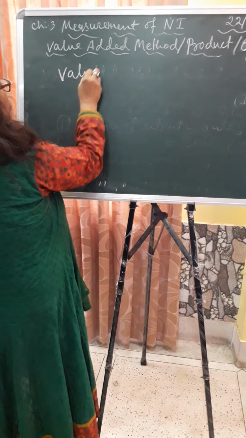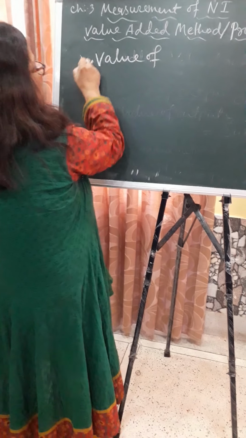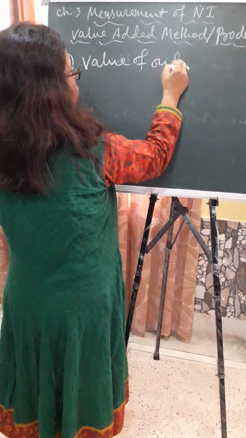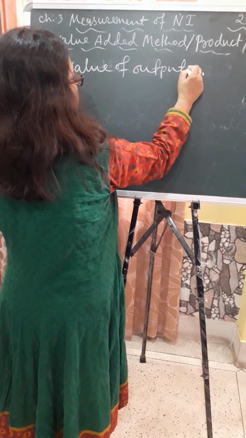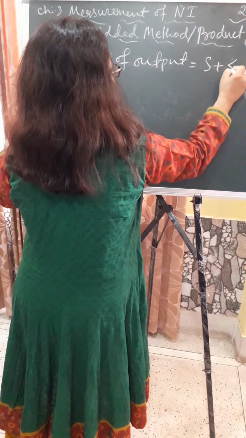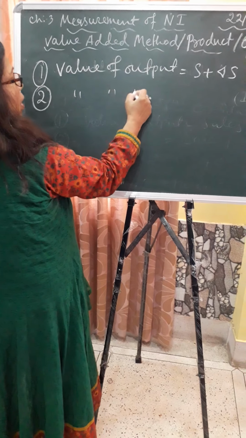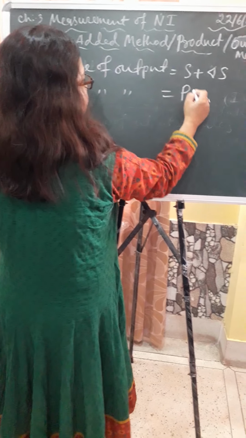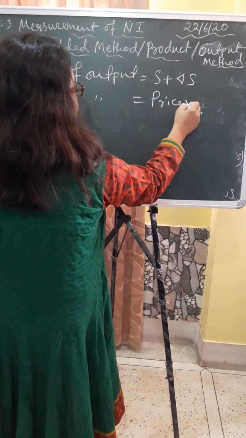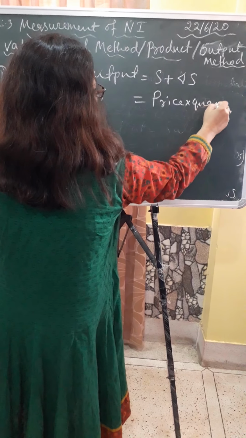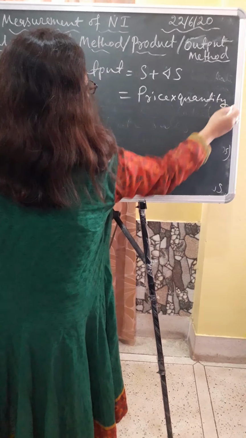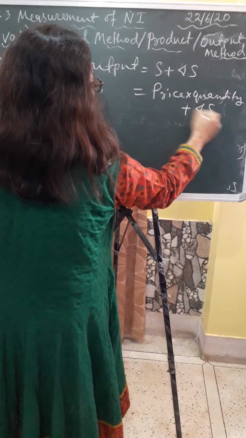So number 1, value of output equals sales plus change in stock. Number 2, value of output equals price into quantity plus change in stock.